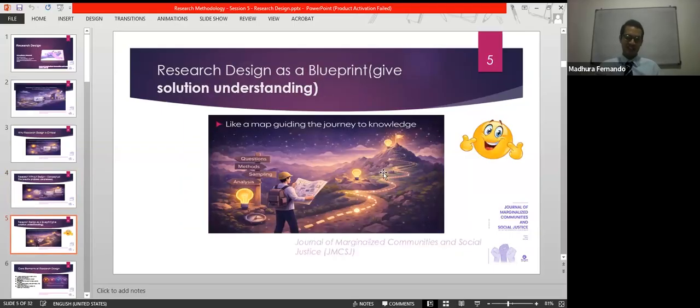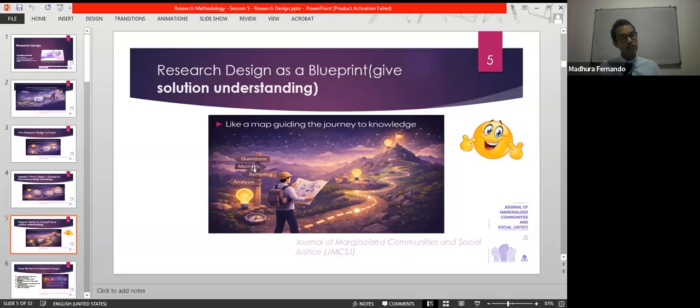Now this is another picture which demonstrates your research journey, right? Here you can see some arrows: questions, sampling, analysis. You have done your homework when you come here, right? Because the arrows are pointing towards the back side, because you have done that already.